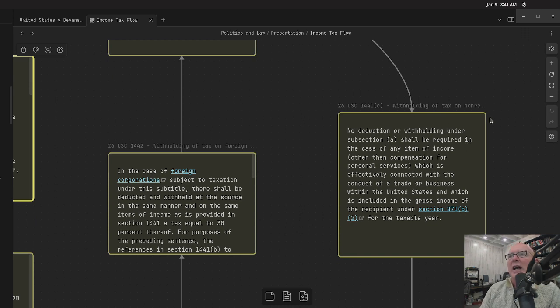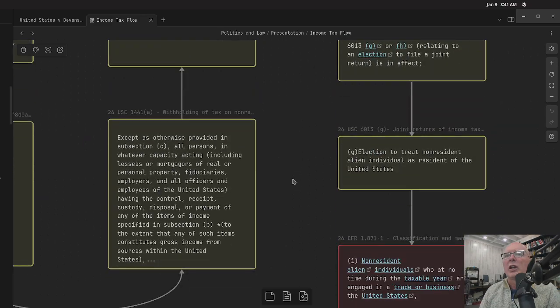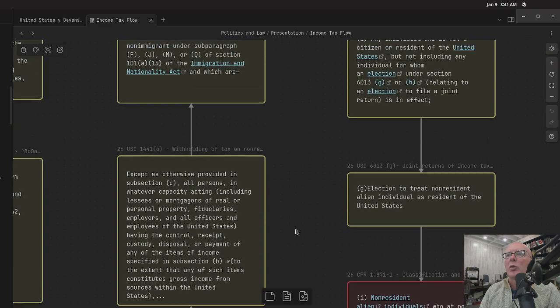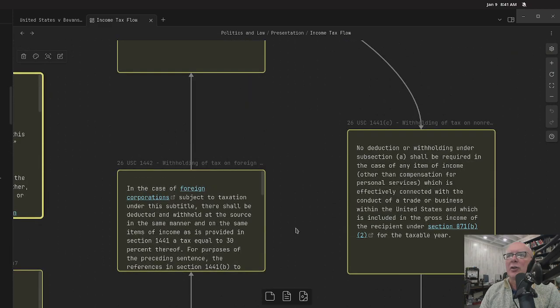Now, withholding tax of a non-resident alien, this is 1441C. 1441 was the first section that it actually referenced. It has a section C, which is an exemption, and it says no deduction or withholding under subsection A shall be required in the case of any item of income other than compensation for services which is effectively connected with the conduct of a trade or business within the United States and which is included in the gross income.